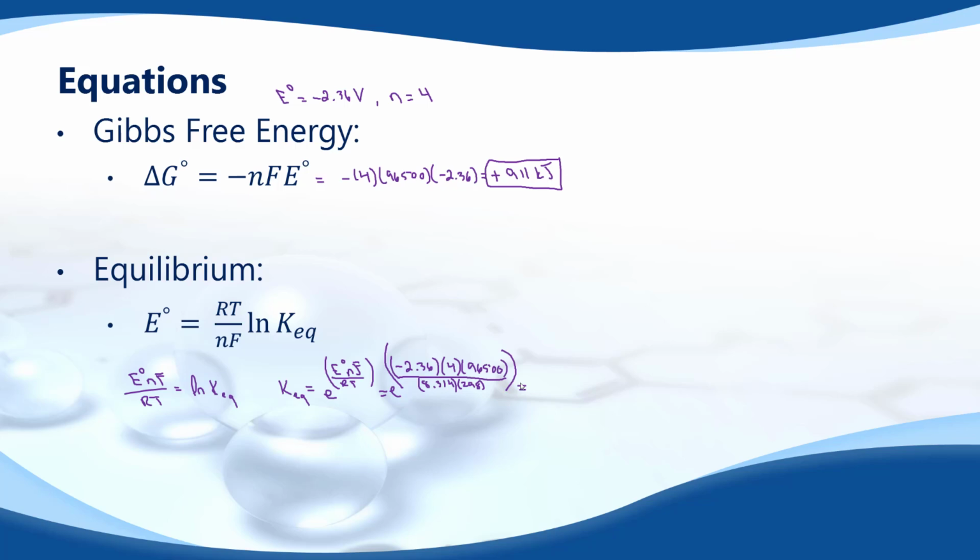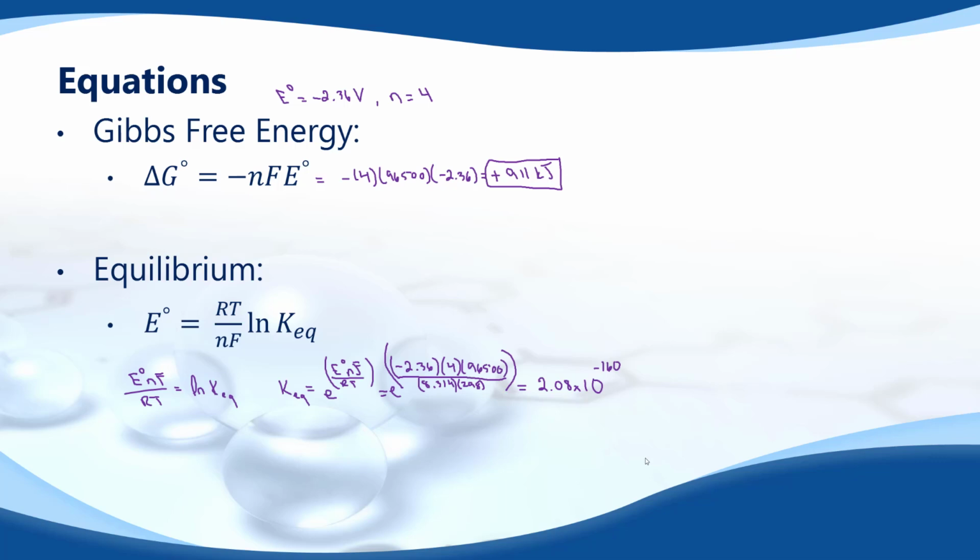And when we finally plug all this in, we get an equilibrium constant of 2.08 times 10 to the negative 160th. Yes, you heard that right. Negative 160th. The thing about electrochemical equations is that their equilibrium constants tend to be either really, really small or gigantic.